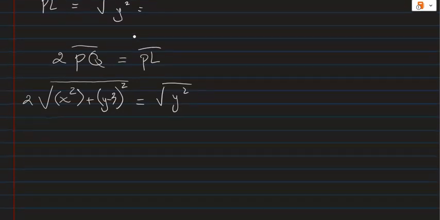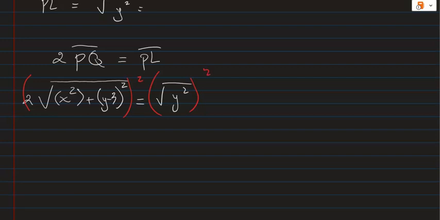Excellent. Now we're going to solve and simplify. We're going to get rid of radicals, so we square both sides of the equation. Then we simplify, and this becomes 4 times (x squared plus (y minus 3) all squared) equals y squared.